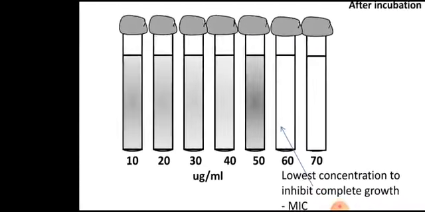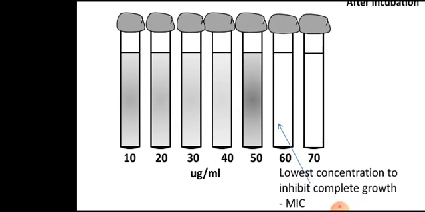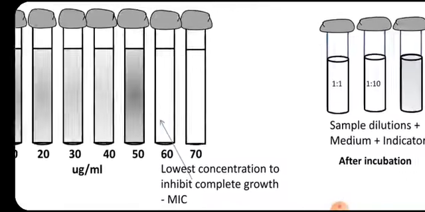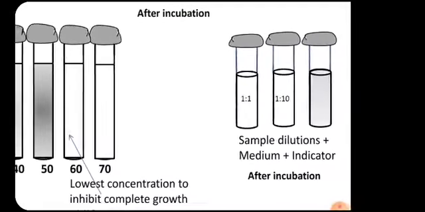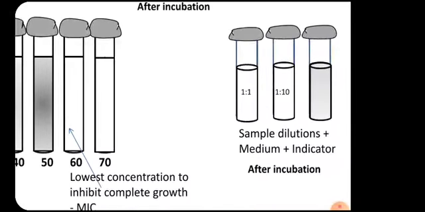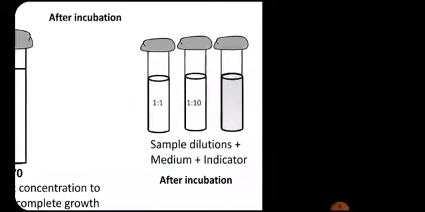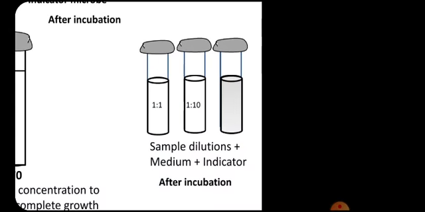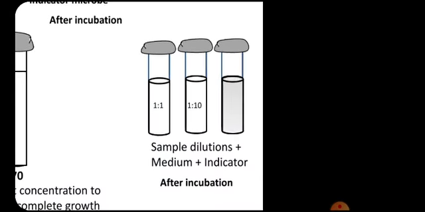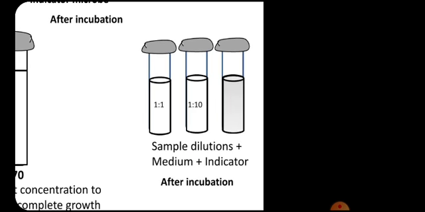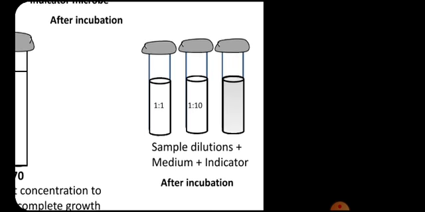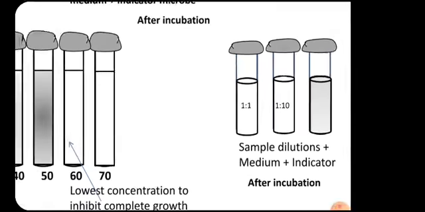Here we have determined that 60 micrograms per ml is the lowest concentration of antibiotic that inhibits the growth. We have to compare this with this. What do you see? Here also we need to see which is the highest dilution containing the lowest concentration of antibiotic inhibiting the growth. It is 1:10.